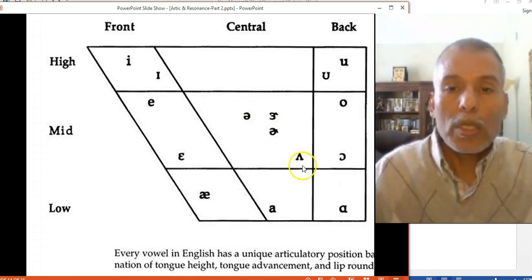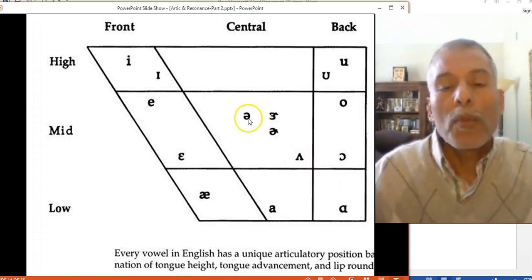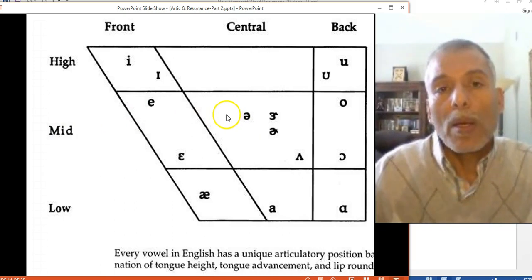How do we distinguish it now from the schwa? So we say the schwa is a mid-high central, lax, unrounded.